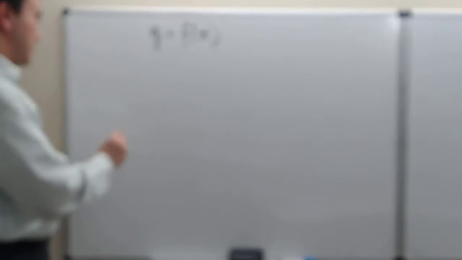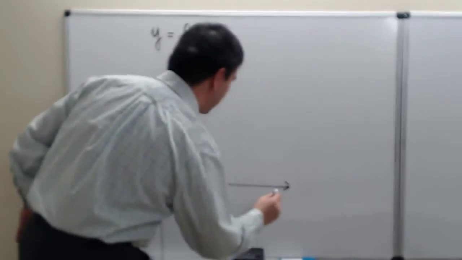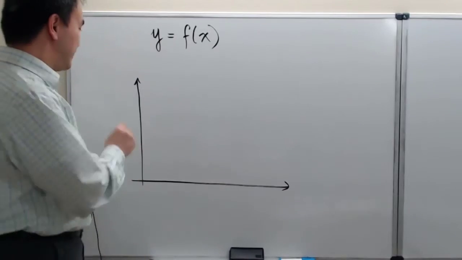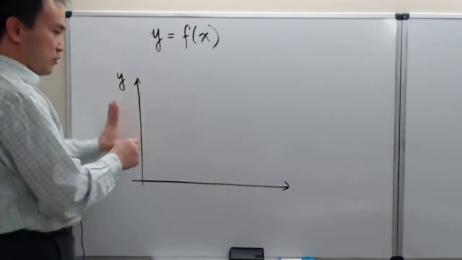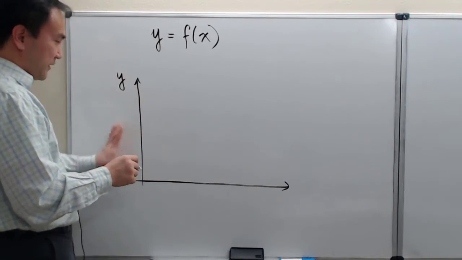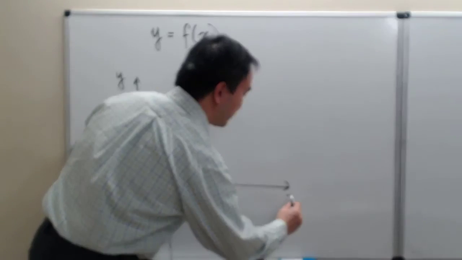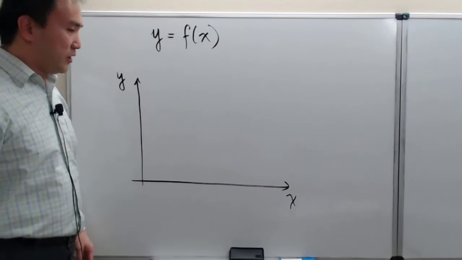Okay, and so in the graph here, the vertical axis and the horizontal axis, we put the output values, or the dependent variable, on the vertical axis and the independent variable on the horizontal axis.